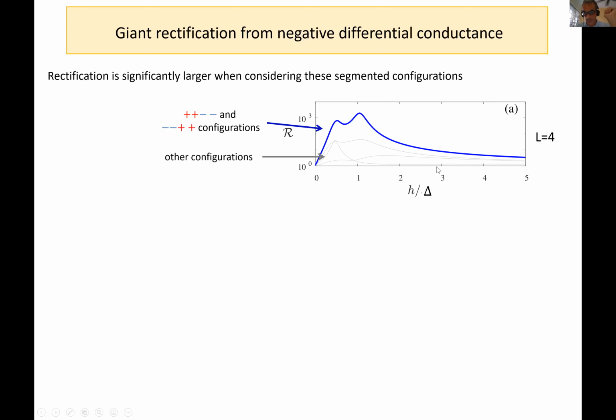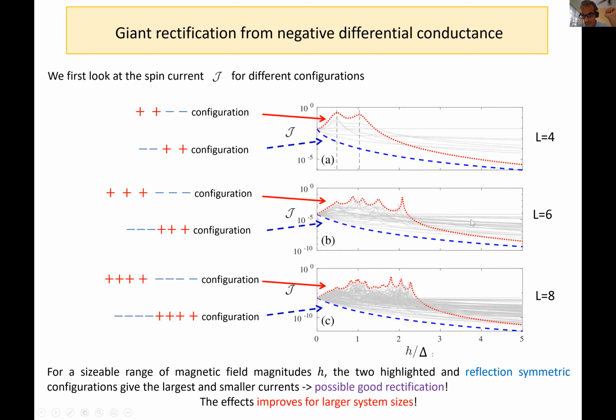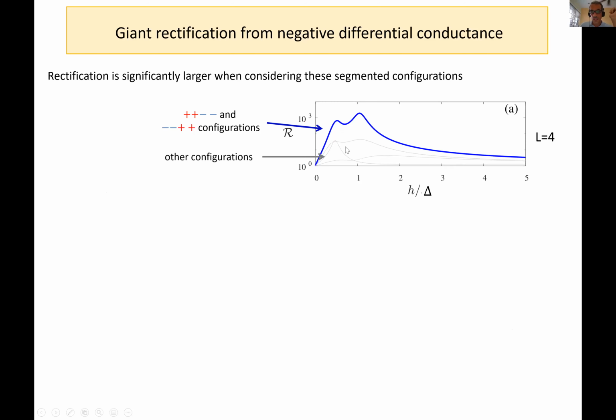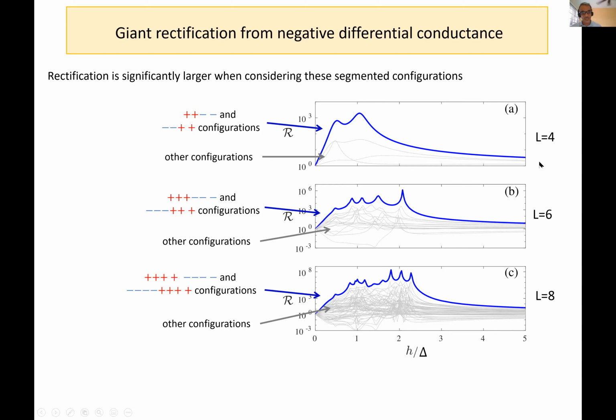Because here, for example, some of these had a very large current, but the reverse also had a large current, so the rectification for these scenarios may not be very large. And this is consistent even if we increase the system size. Whether we go from 4 to 6 to 8, this scenario corresponds to the largest rectification.